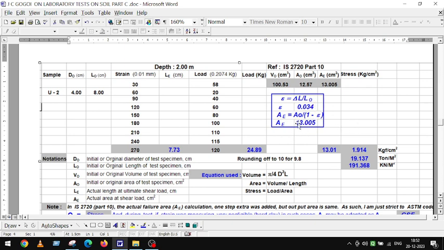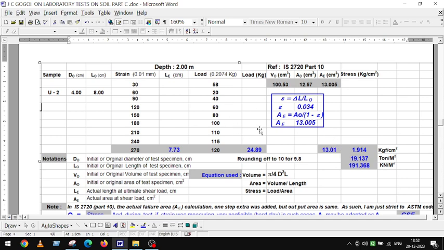And what will be the actual area at failure? Original area divided by 1 minus strain. This comes to 13.005. Here also we are getting 13.005.